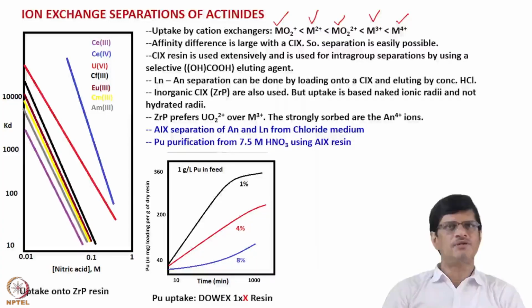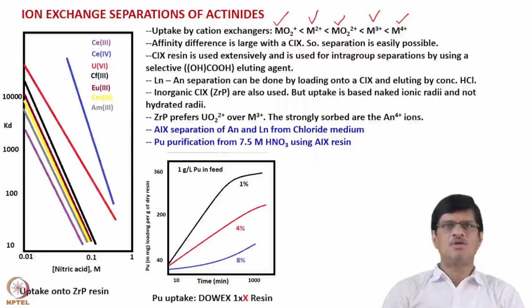And you see here that the uptake of the trivalent ions is relatively less compared to that of the actinyl ion. So you see that the uranyl ion is preferred by the zirconium phosphate over the trivalent actinide ions like americium 3, curium 3, etc.